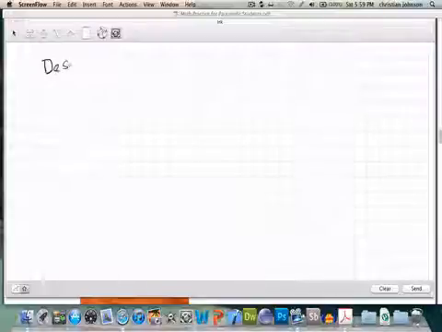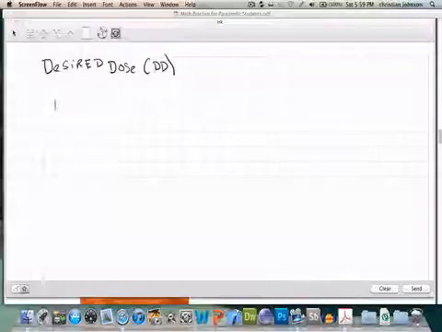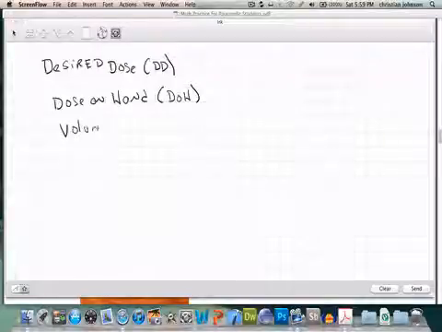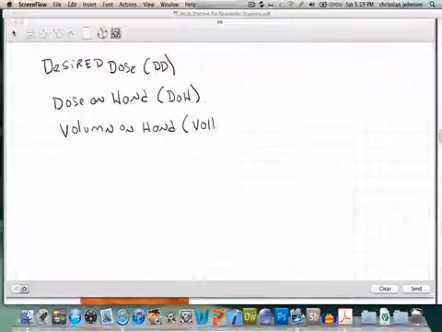We're going to have our desired dose, all right? And that is DD. We're going to have our dose on hand, or we can abbreviate that as DOH. And we also have our volume on hand, which we can abbreviate as VOH.